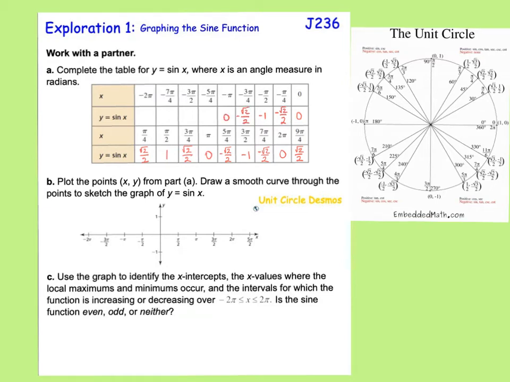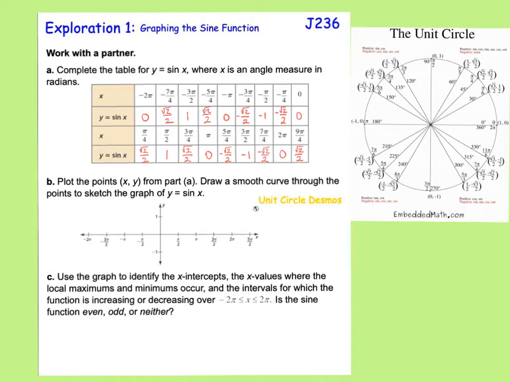And as you can see, if we continue, we are going to go to root 2 over 2, 1, root 2 over 2, and back to 0. So let's go ahead and fill those in. Root 2 over 2, and then it's 1, root 2 over 2, and let's go back to 0.